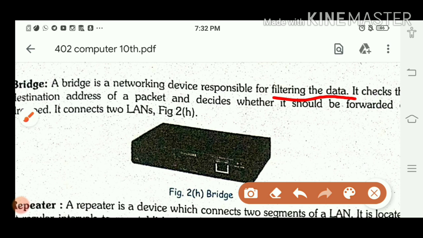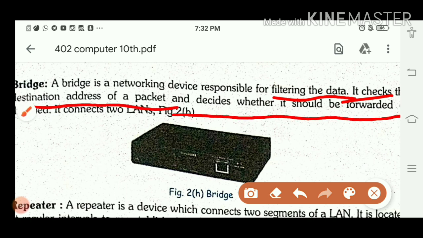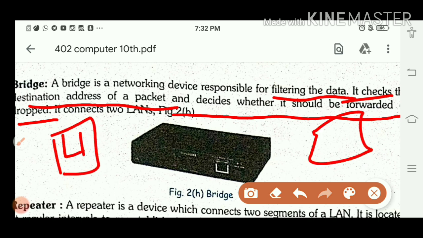Filtering means it will check whether the data is appropriate or not, or check the destination address of the packet and decide whether it should be forwarded or dropped. Drop means that if the packet is not proper, it will drop that packet there only. So the bridge will connect different LAN networks. Children, one more term is there, and that one is the gateway.